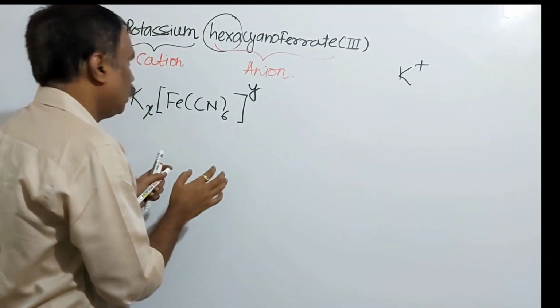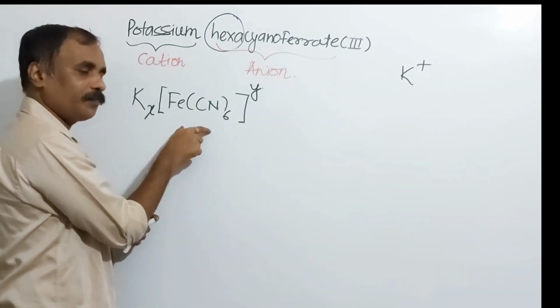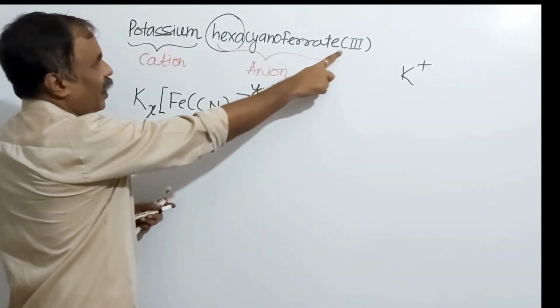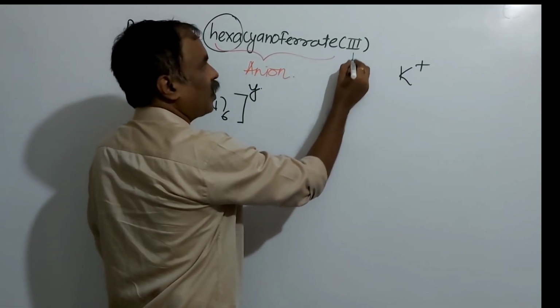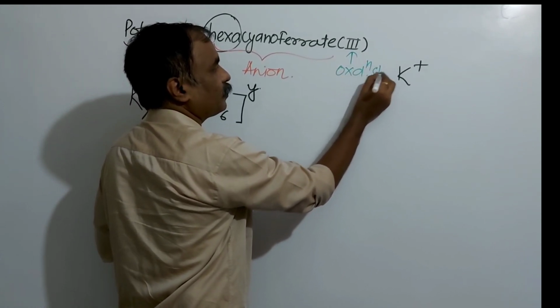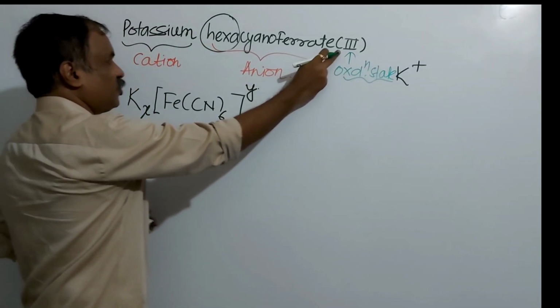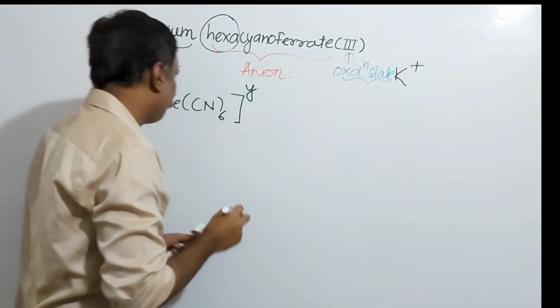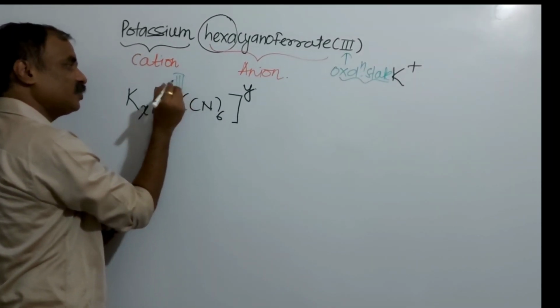See here. Now concentrate on this complex. Here the oxidation number of iron is given. What is the oxidation number of iron? It is 3. Iron is present in the +3 oxidation state.